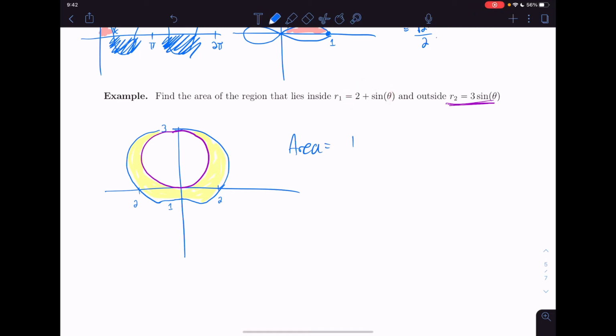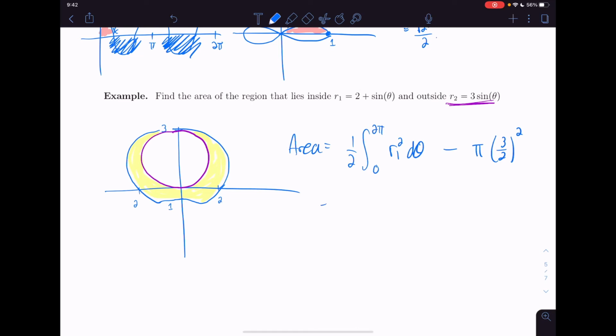So that's going to be 1/2 the integral from 0 to 2 pi of R1 squared d theta. And then subtracting off the area of a circle of radius 3/2. Well, that's just going to be pi r squared, pi 3/2 squared. And so you don't have to use the calculus if you don't need to use the calculus.